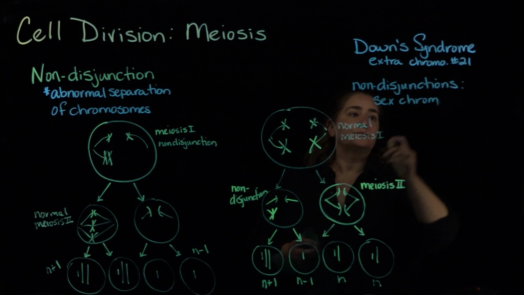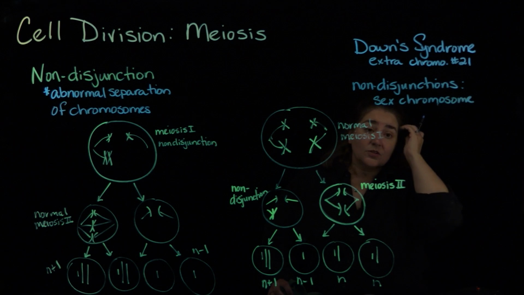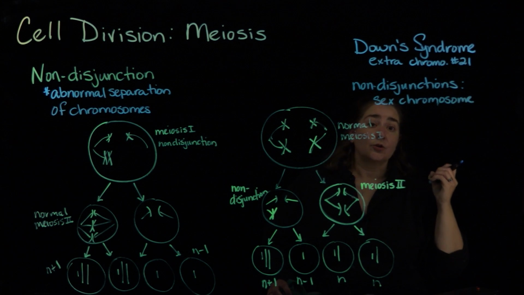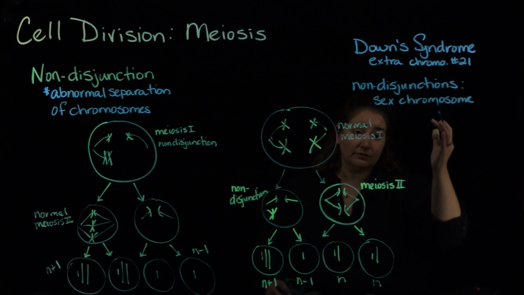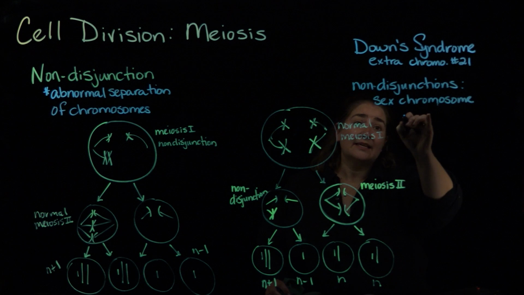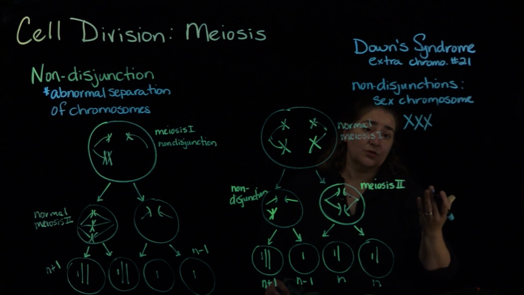You can have too much of one of the particular sex chromosomes. In the case of females, females can end up as XXX.